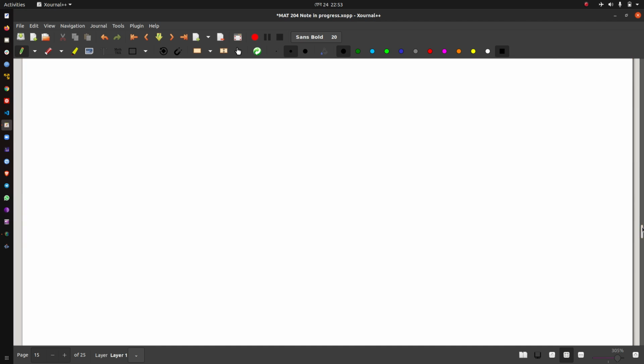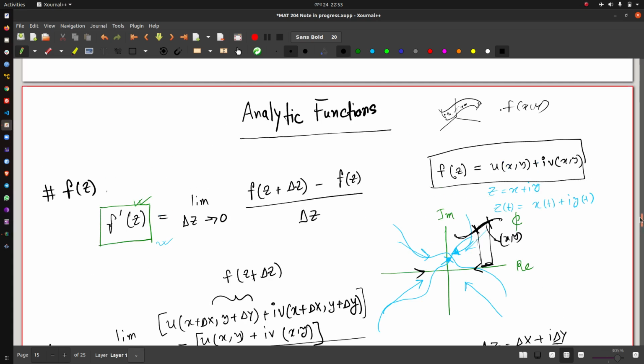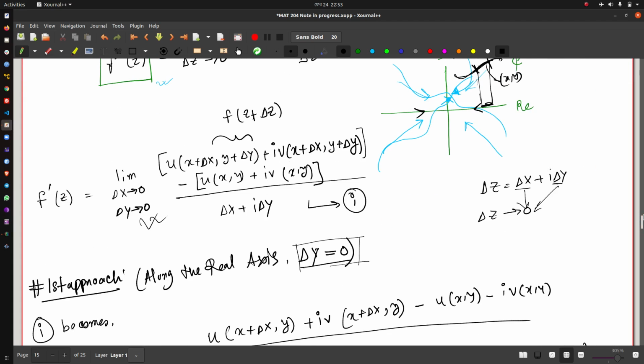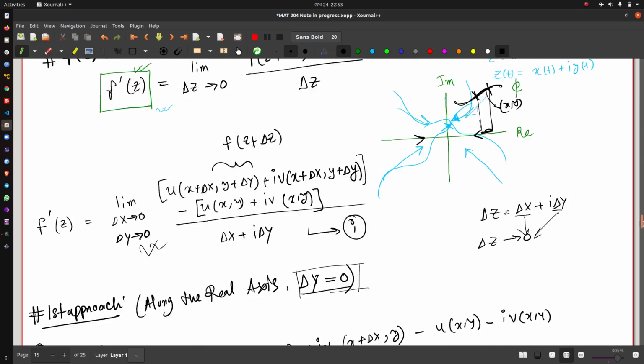But what was the condition for the derivative to exist, right? That it's independent of the way you approach it. That means the way you make changes in x and y, that means the direction itself. So why did we take only directions where we are either changing x or changing y? Because it's simpler to do this calculation and see it.